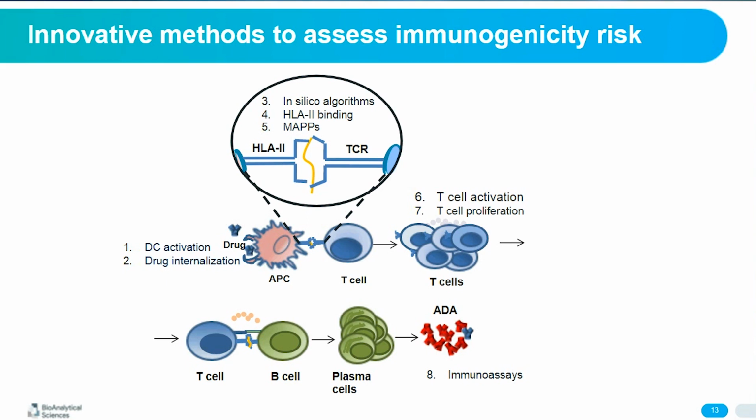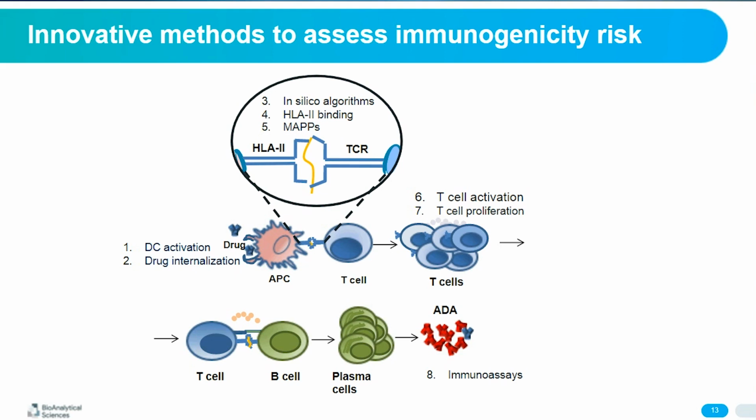In those assays, we test in vitro whether a specific peptide can bind to a specific HLA class II. Another experimental assay to assess exactly what are the peptides within our biotherapeutic that are being presented by the HLA class II is MHC-associated peptide proteomics, or MAPPS, which I will elaborate a bit more in a couple of slides.